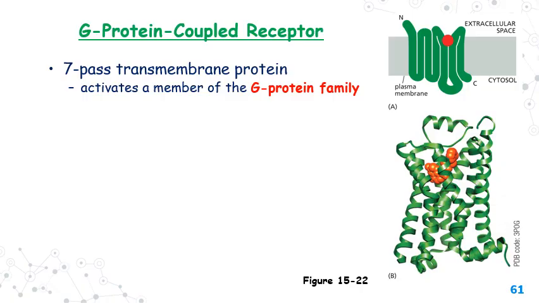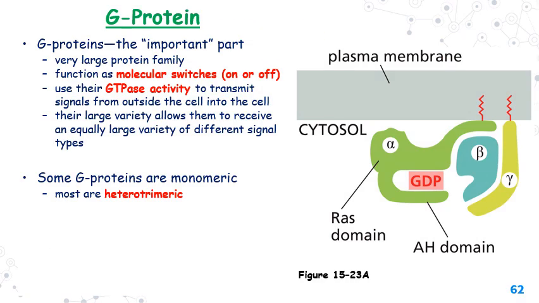Okay? So the ligand is going to bind to it, is going to send a signal to the inside of the cell, and is going to tell some other proteins that are associated with the receptor to do something. So here is when you get your G protein. G protein coupled to the receptor.